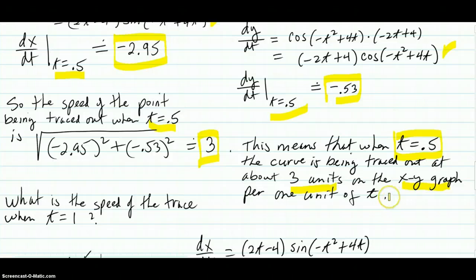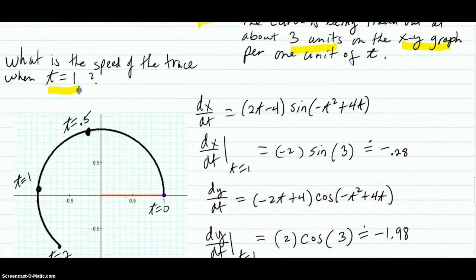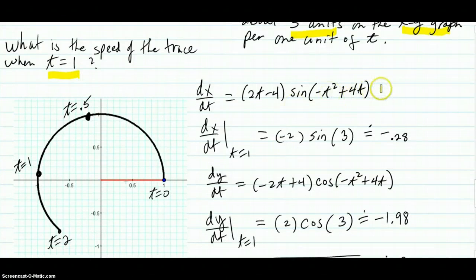What is the speed at t equal 1? Same thing, you get your derivatives, but now we're over here. So it should be a slower speed, because remember the animation took off fast, started slowing down to come to a stop at 2. So this should be less than 3.